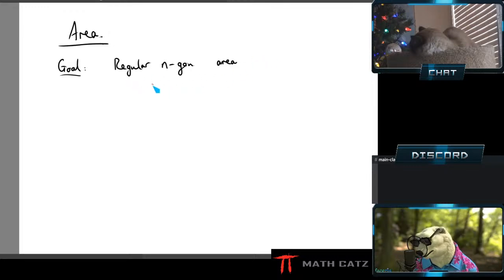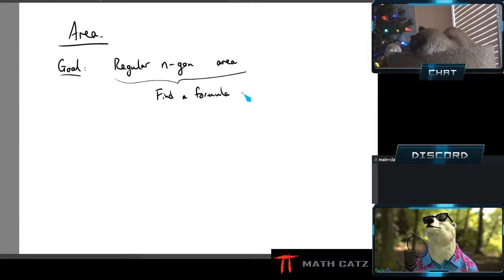So we want to find a formula that I can tell the formula, this is the size of my regular polygon, and the formula will give me the area value. So the formula is the area.